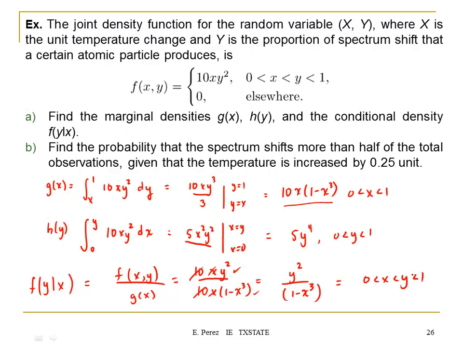Okay, so we have some information that is given, 0.25 units of the temperature, and we want to find the probability that the spectrum shifts more than half of the total. What is that probability? So if you express that in terms of a math expression, then what we have is the probability of y being greater than 1/2, given that x equals 0.25.